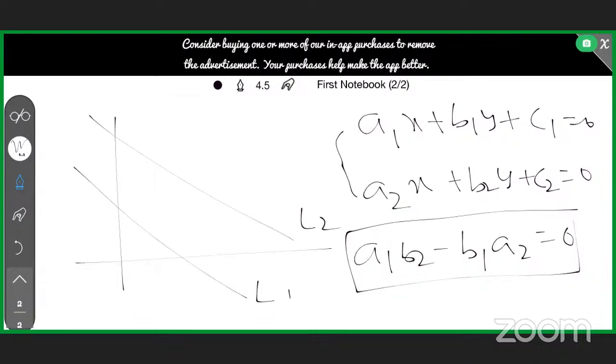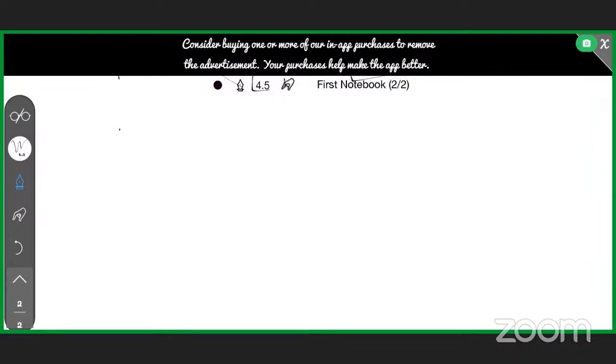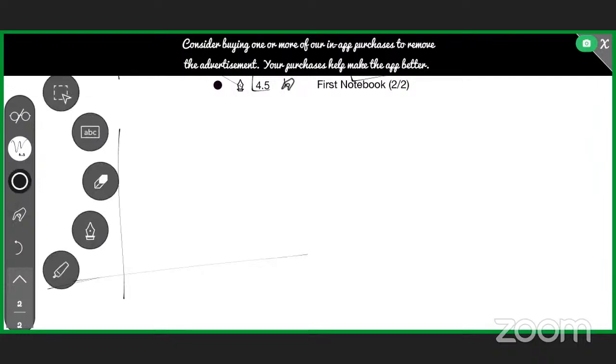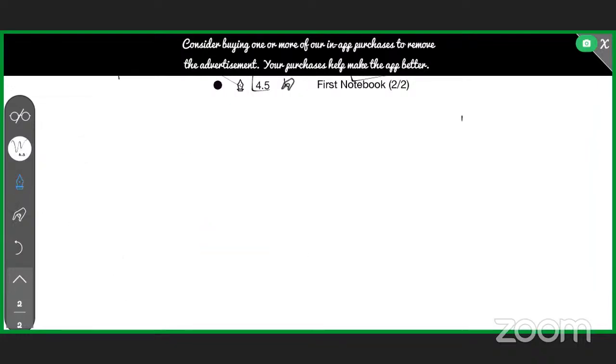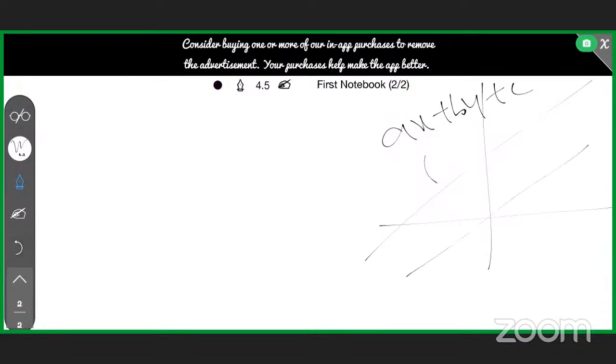Now, you can say another one with the same equation. Let us say this is my line equation, AX plus BY plus C is equal to 0. Another line is parallel to this line, but passing through the origin.